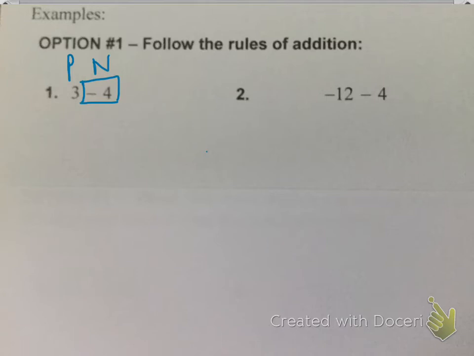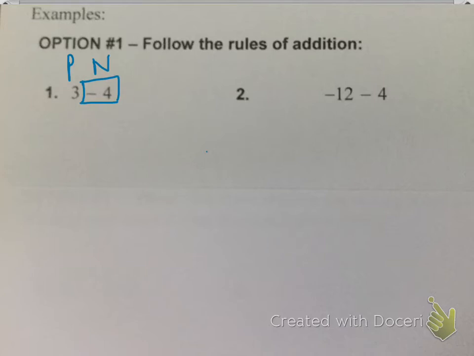Let's go back to our addition rules. We have same signs add, different signs subtract, take the sign of the larger number. We have a positive and a negative. Do we have same signs or different signs? Positive, negative, that would be different signs.